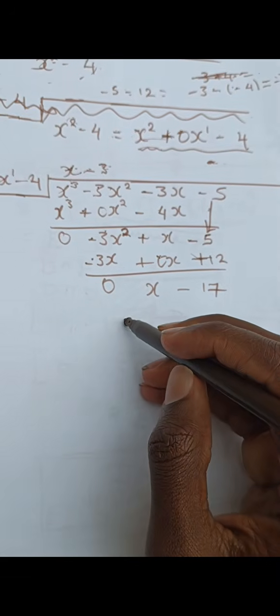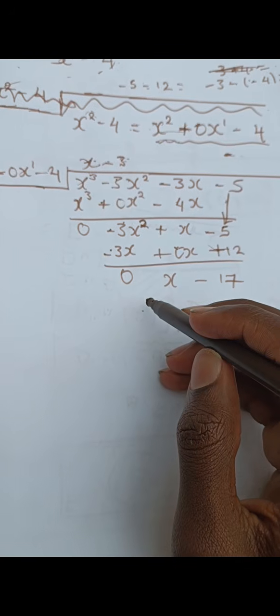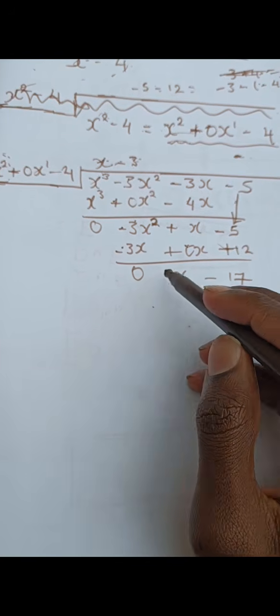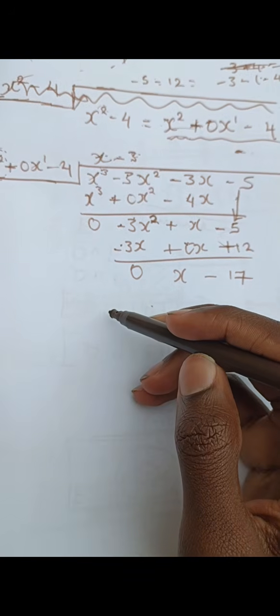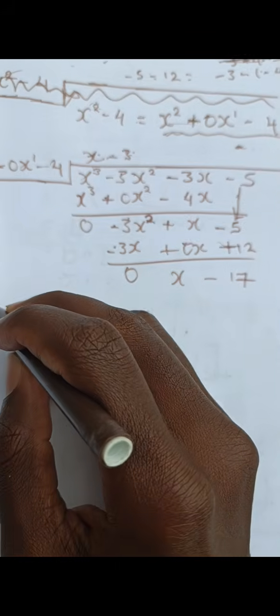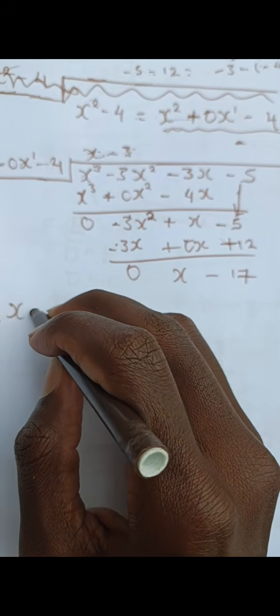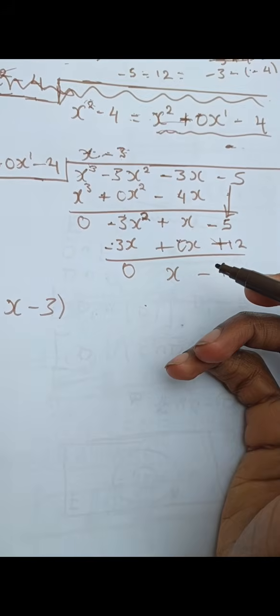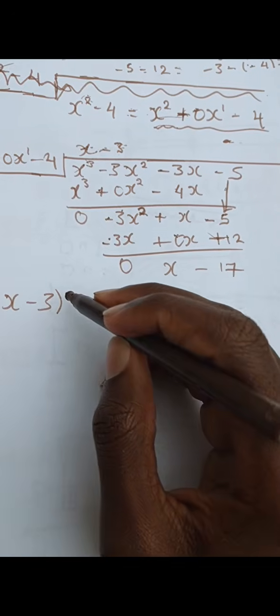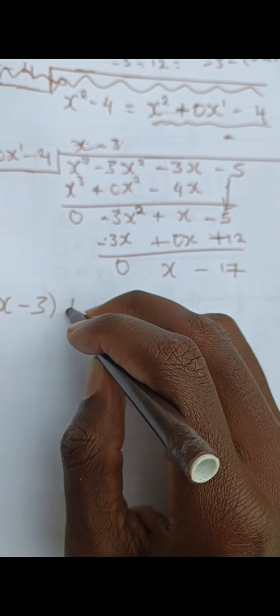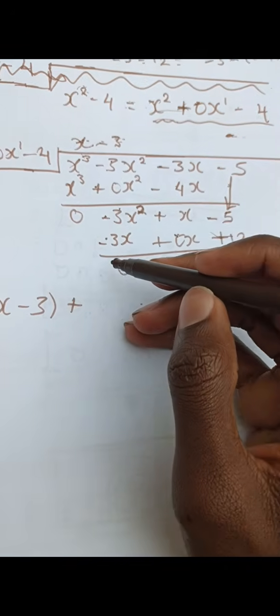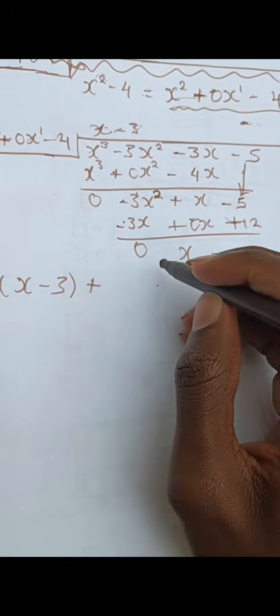Okay. So this is our remainder, this is our quotient. So the way that we do here is that you are going to say x minus 3. In short, you are going to say quotient plus, our remainder is going to become our new numerator.